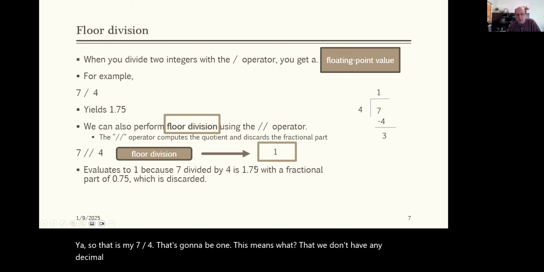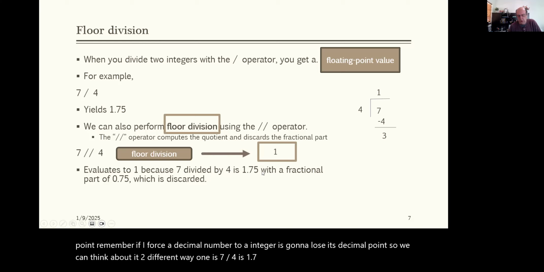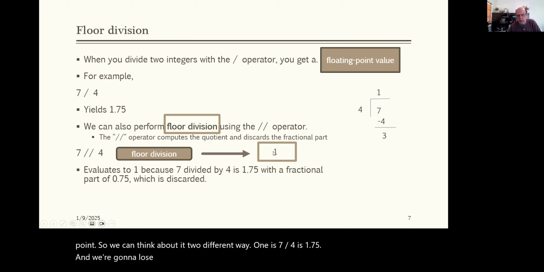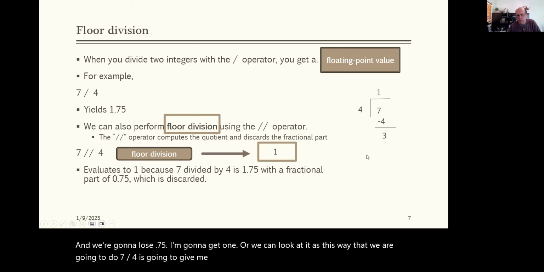Remember, if I force a decimal number to an integer, it's going to lose its decimal point. So we can think about it two different ways. One is 7 divided by 4 is 1.75, and we lose 0.75, so I get 1. Or we can look at it this way: 7 divided by 4 is going to give me 1 and the remainder of 3.